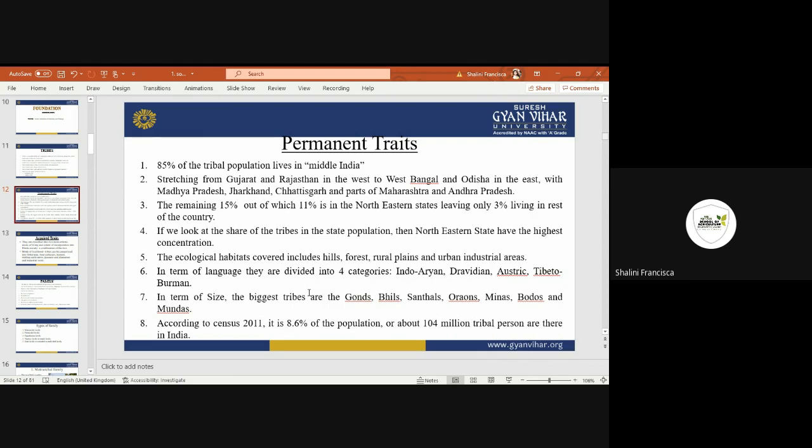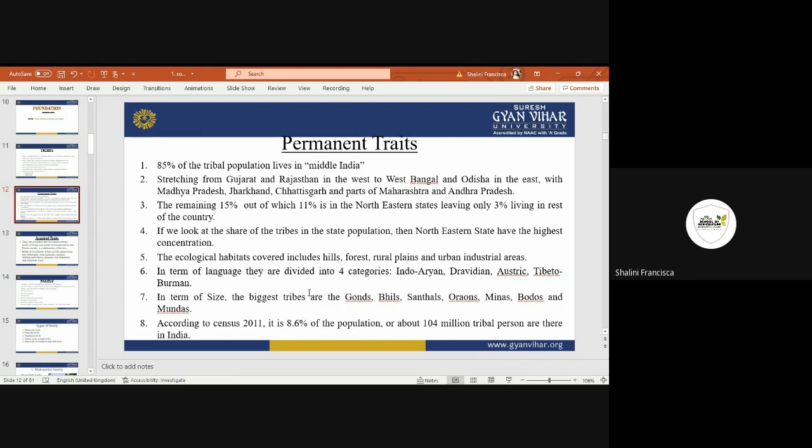For example, if you talk about the coal mines, most of the people are tribals, or from areas nearby the coal mines. Most of the coal mines are situated in Jharkhand, Chhattisgarh, and Madhya Pradesh. So most of the people working in those coal mines are from the tribal community.